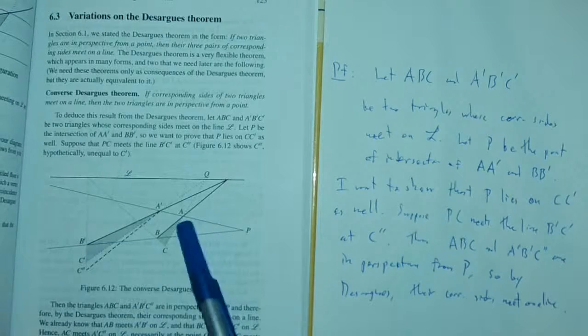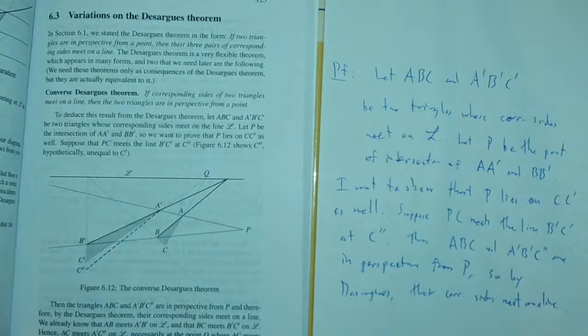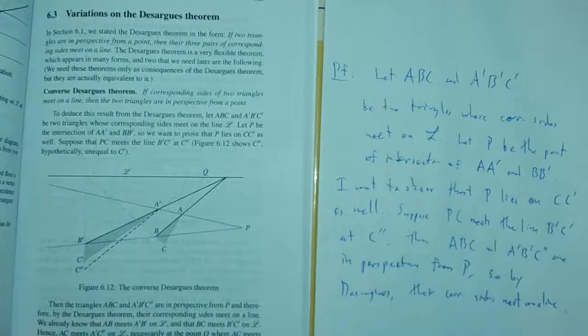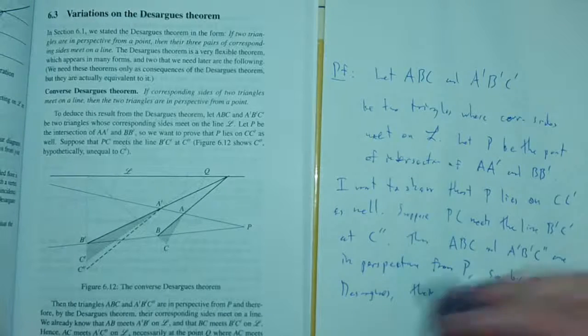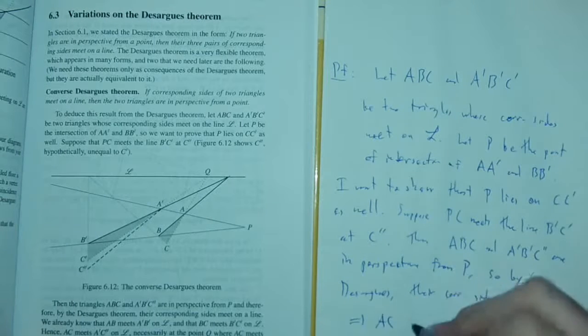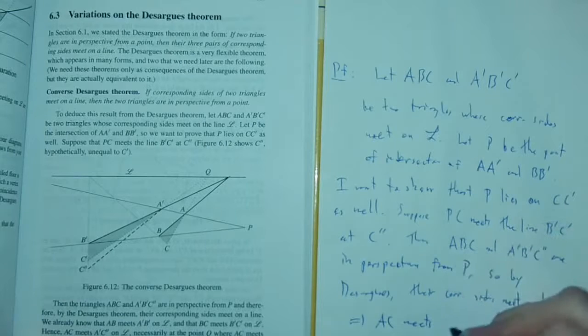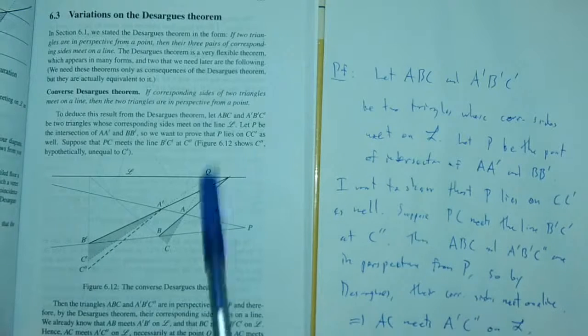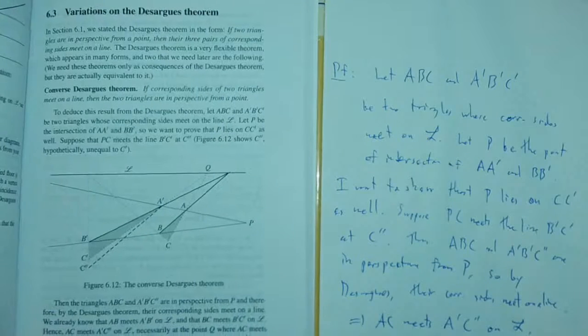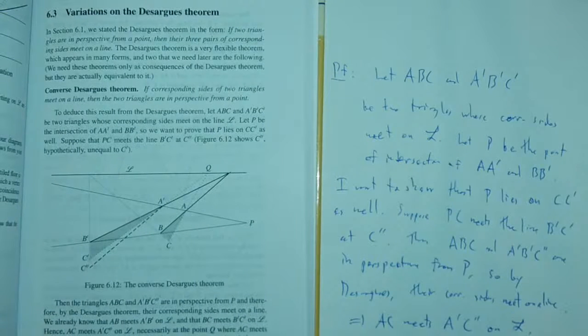But we already know that AB and A prime B prime meet on L, and BC and B prime C prime meet on L. So what this means is that AC meets A prime C double prime on L, right, at Q, this point labeled here, and this is where AC meets L.